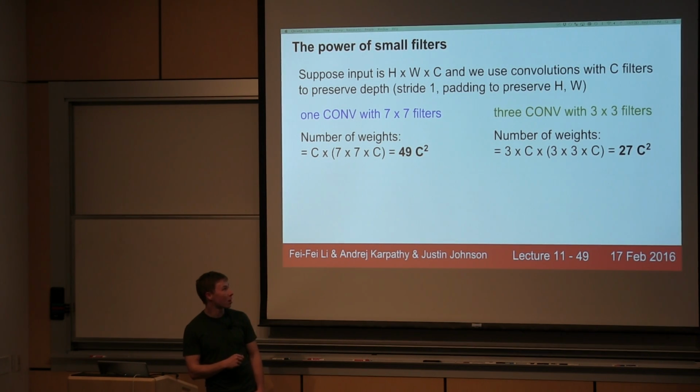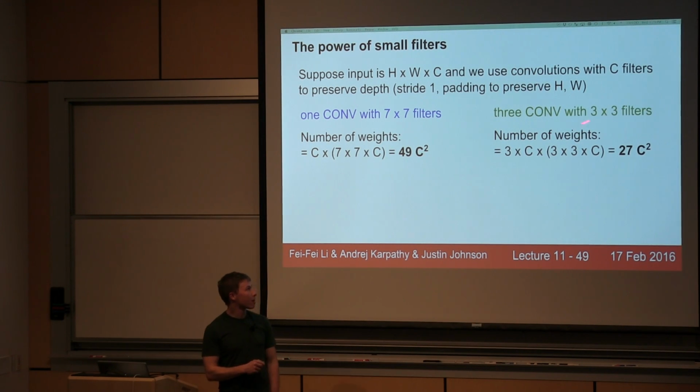Now for the 3x3 convolutions, we have three layers. Each filter is 3x3 by C, and each layer has C filters. When you multiply that all out, three 3x3 convolutions only have 27C² parameters.